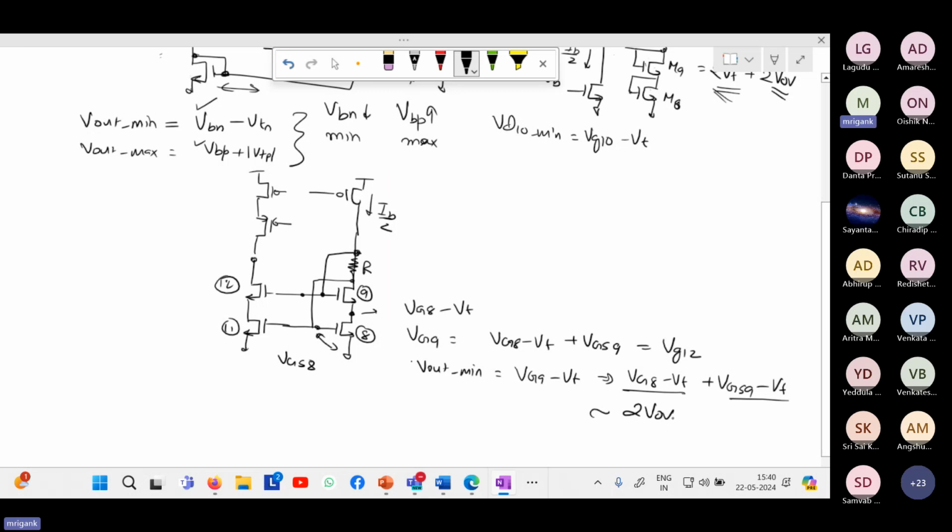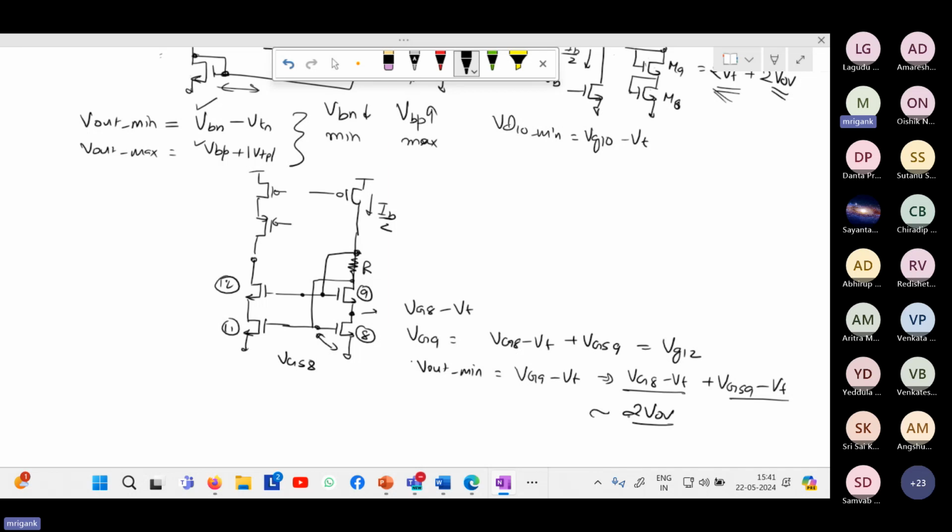Now, the V overdrive, as we have seen, you can definitely reduce by increasing the sizes. But even as such, the overdrive voltage may be around 100 millivolt. So 2 V overdrive is around 200 millivolt. As compared to the 2 VT term that we were getting earlier, now it is reduced to 2 V overdrive. So the output voltage can go all the way down to 2 V overdrive, which is going to be relatively small as compared to 2 VT.